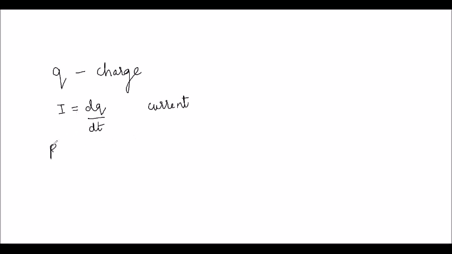We will be using notation R for resistance of resistor. We will be using L for inductance of any inductor having inductance L. Then we will be having C, which refers to capacitance of a capacitor.